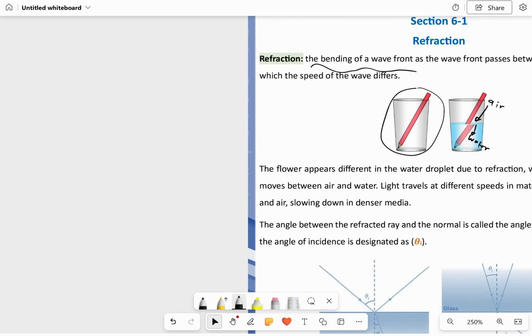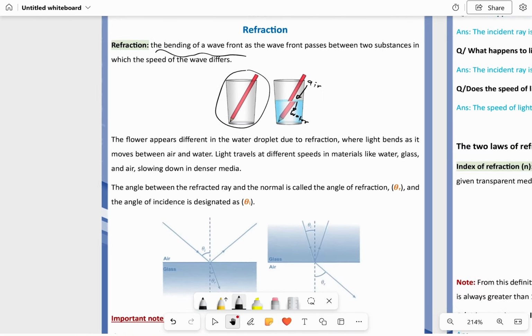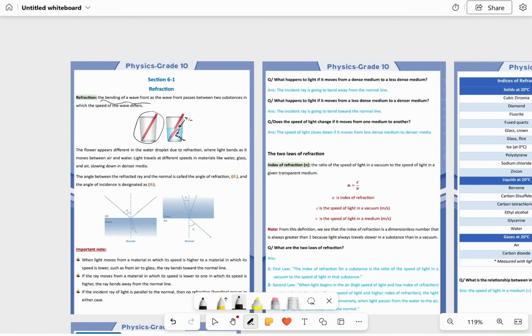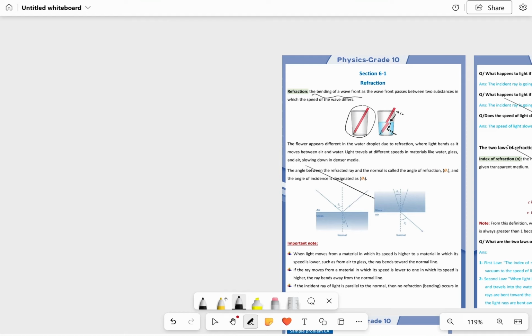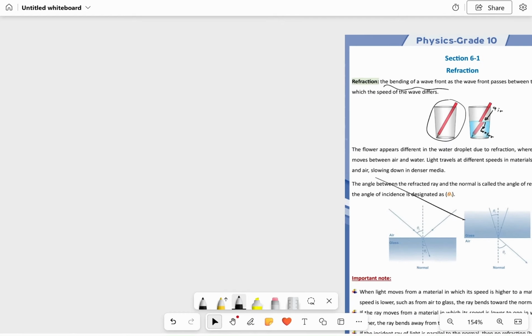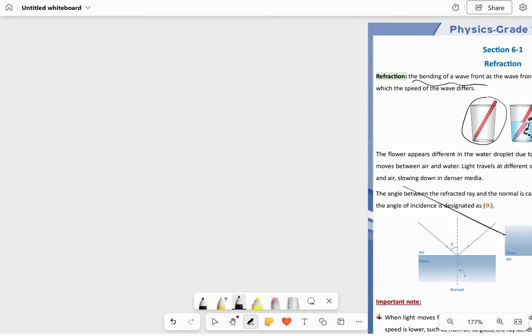Now, we have two cases when light refracts.